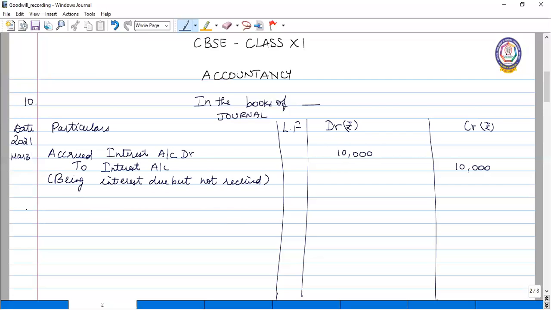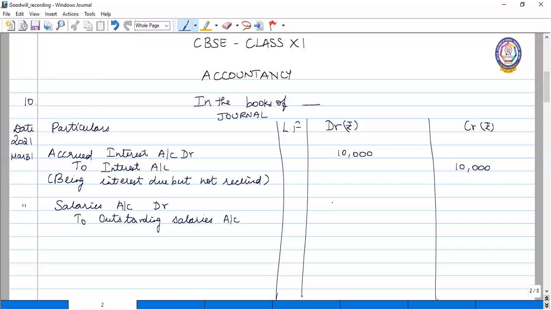Next is on the same day, salaries due to staff, rupees 50,000. So here we have some expense which is not yet paid. So this is called an outstanding expense, which has liability as its nature. So salaries account debit, to outstanding salaries account.